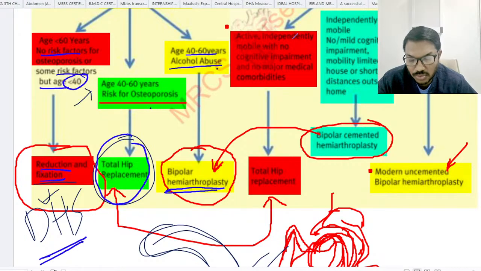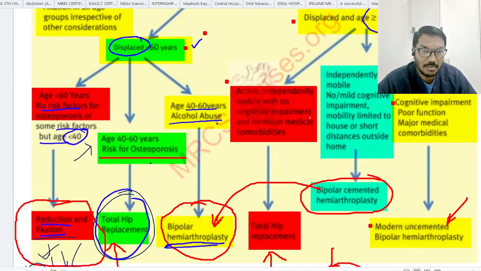So he should move more days with a new hip. He is offered a total hip replacement because he's active, though his age is more than 60.